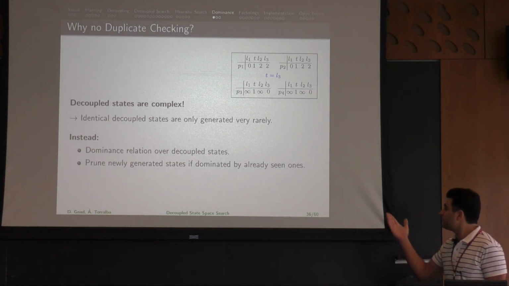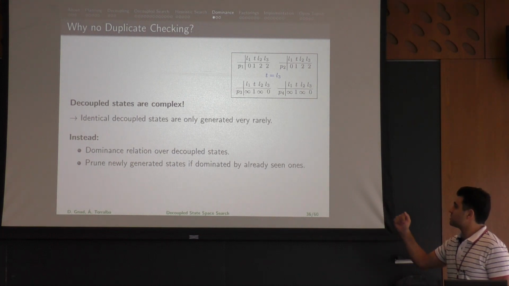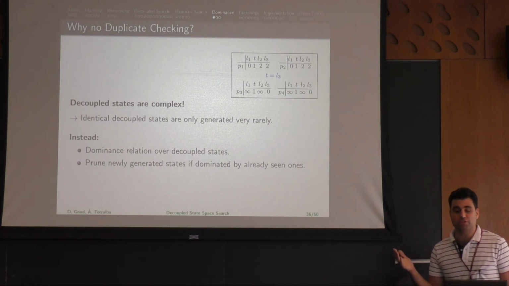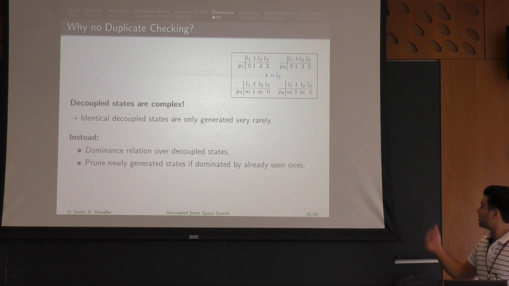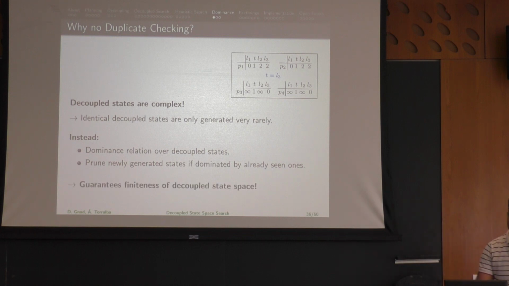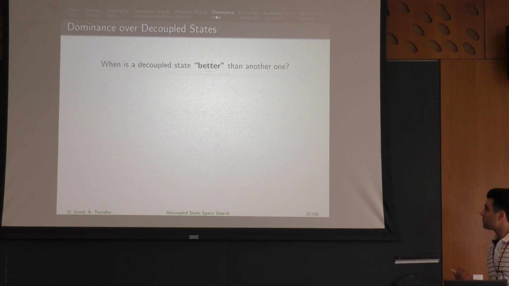So we don't want to do duplicate checking for that reason. It won't be good enough. What we can do instead is to use a dominance relation over the decoupled states that prunes a state if it's worse than another. So the question is, what does it mean, better or worse?